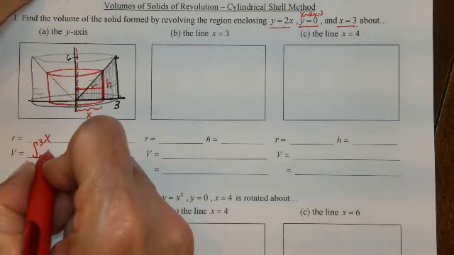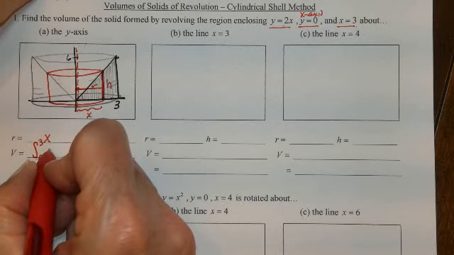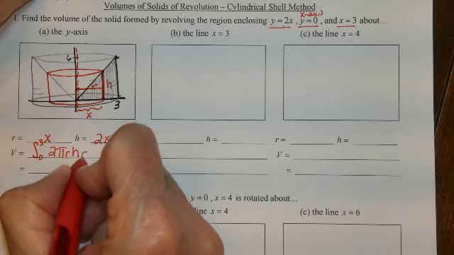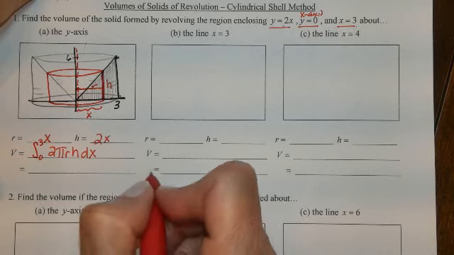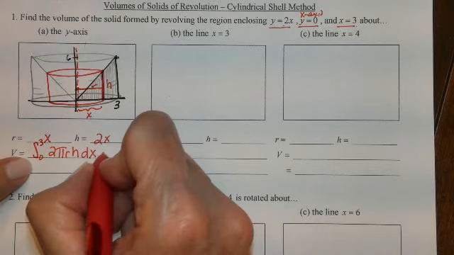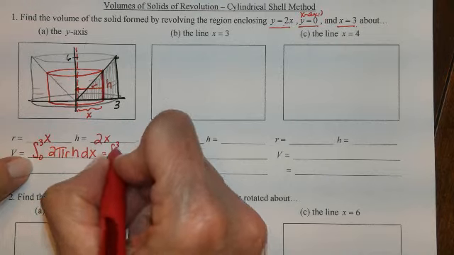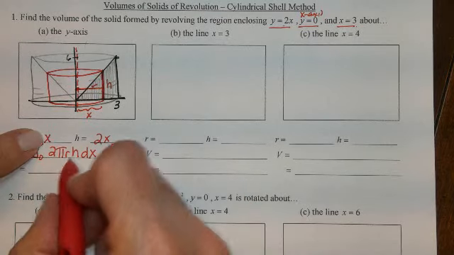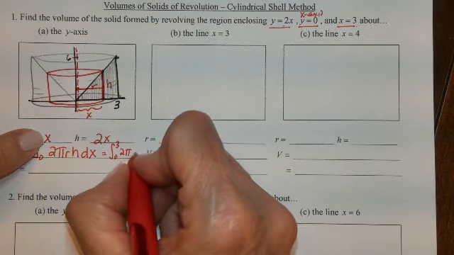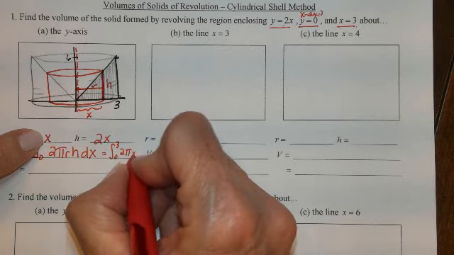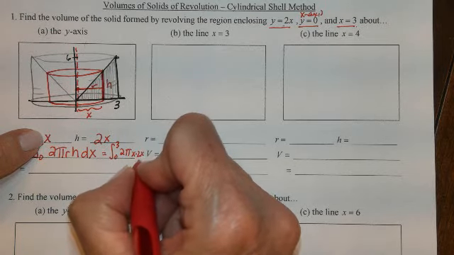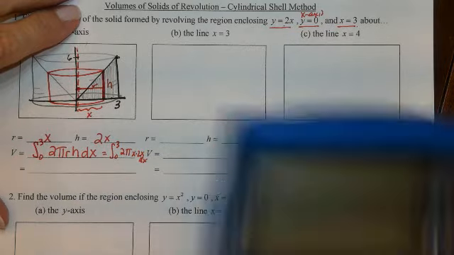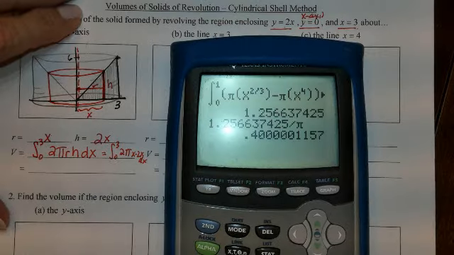And then our formula for a cylinder, area of a cylinder, 2 pi r h delta x, right? So 2 pi, r is x, h is 2x, so times x times 2x, I'm going to squeeze it in, dx, okay? Let's go to your calculator.